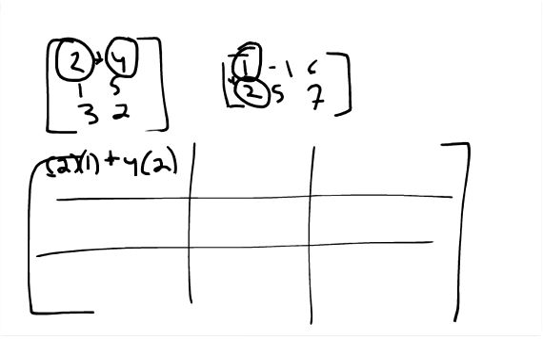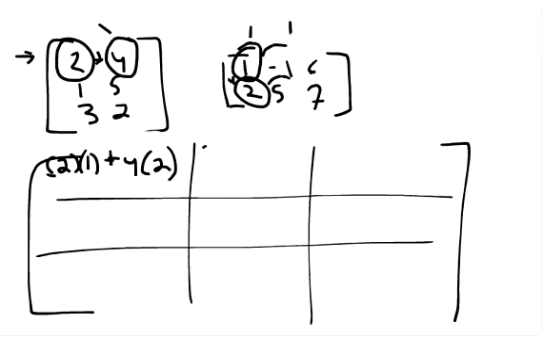4 times 2. And now when we move down to get this number, we simply reset back in the first matrix to our number 2, and then we simply move down the column, and instead of doing 2 times 1, we do 2 times negative 1, and then 4 times 5.